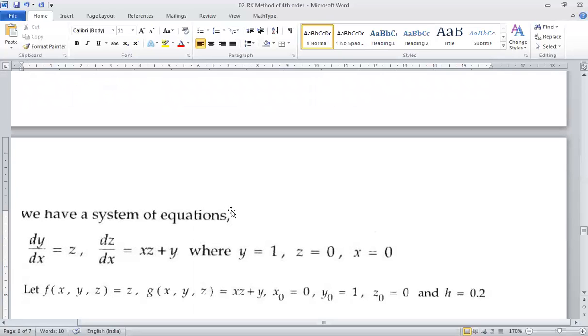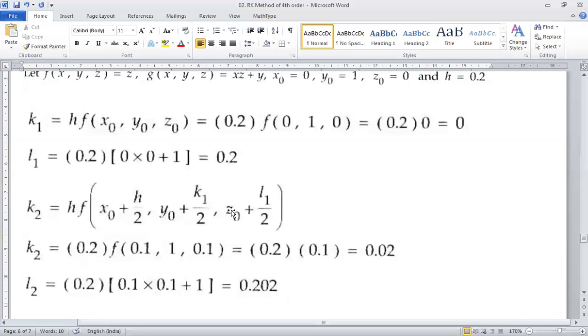So we consider dy by dx, which is z, and replace it by f of x comma y comma z. Whereas g of x comma y comma z is used to denote xz plus y. x naught is 0, y naught is 1, and z naught is also 0. We have h is equal to 0.2.